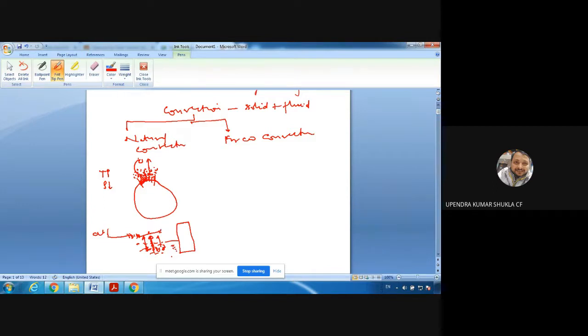Now, when this vapor-laden wind strikes this high mountainous region, it will rise up. Once you go upward in the atmosphere, the temperature will decrease. Here the higher temperature air rises due to less density, and once it rises, its temperature decreases.